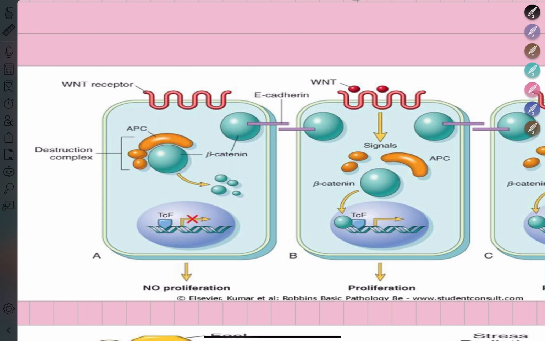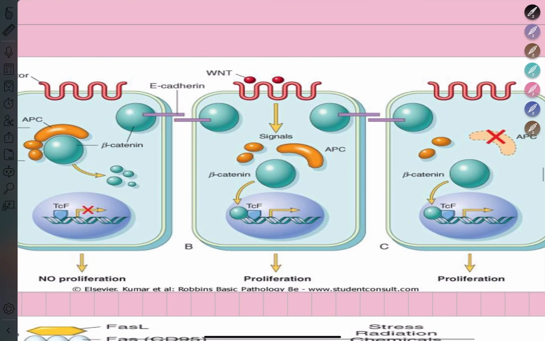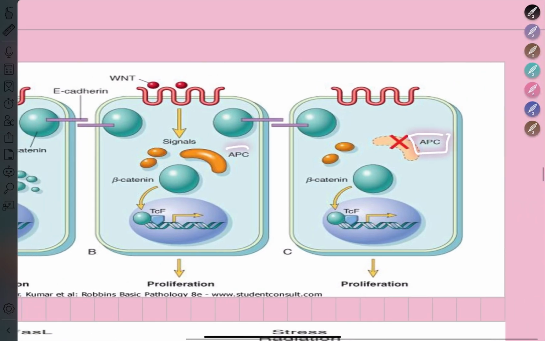It won't activate specific factors for proliferation. Now, if the APC gene gets mutated, the beta-catenin is going to be free to do whatever it wants. It will enter the nucleus and cause proliferation.